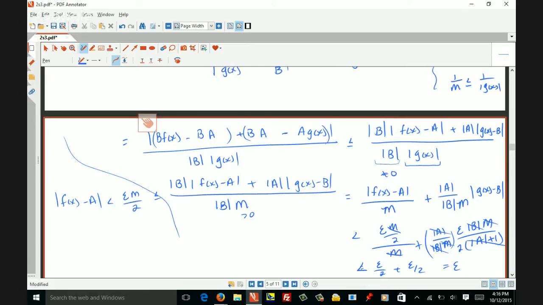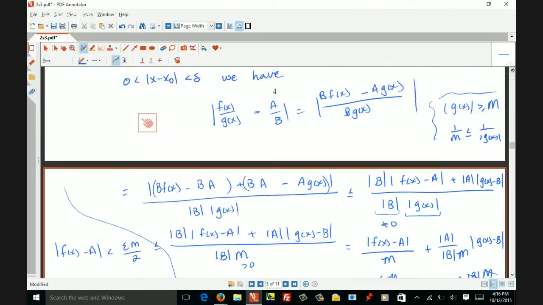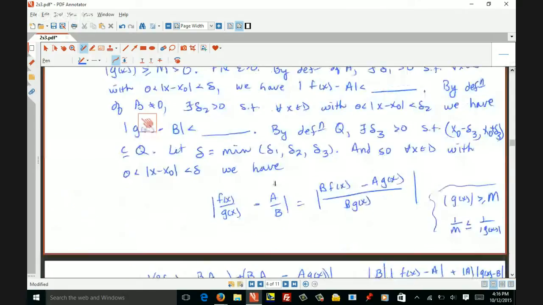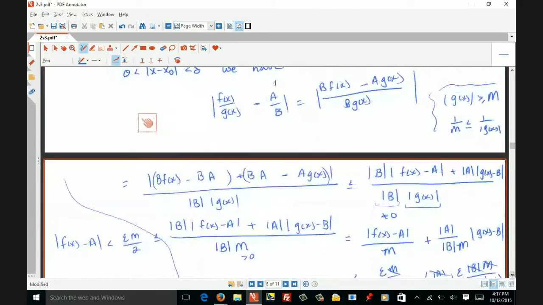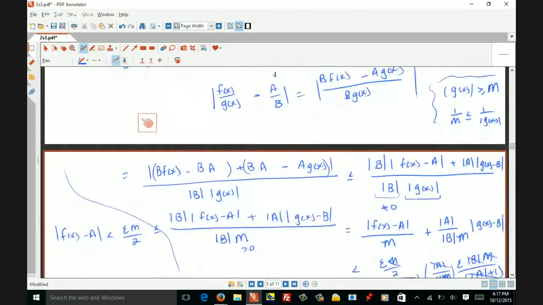So let's go back up. We have epsilon M over 2 for this one. Where did we define our M? It's above. Yeah, we're good. And then this one was, I forget. b M over a plus 1.